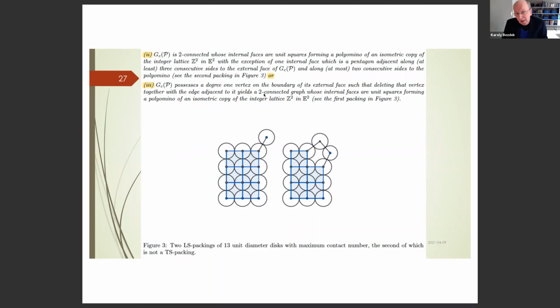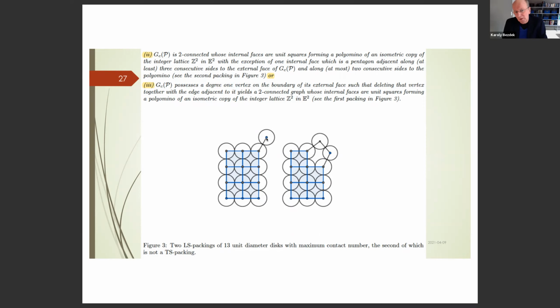Or, and that's the final option, the fourth scenario, is that there is a degree 1 vertex on the boundary of the external face of the contact graph.